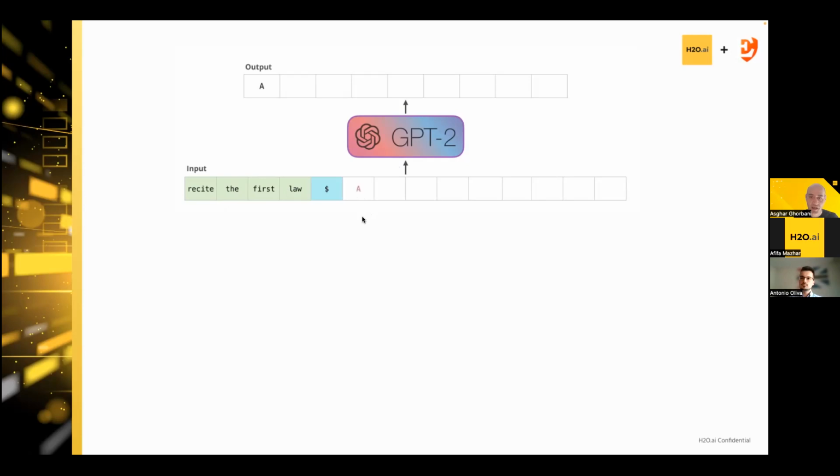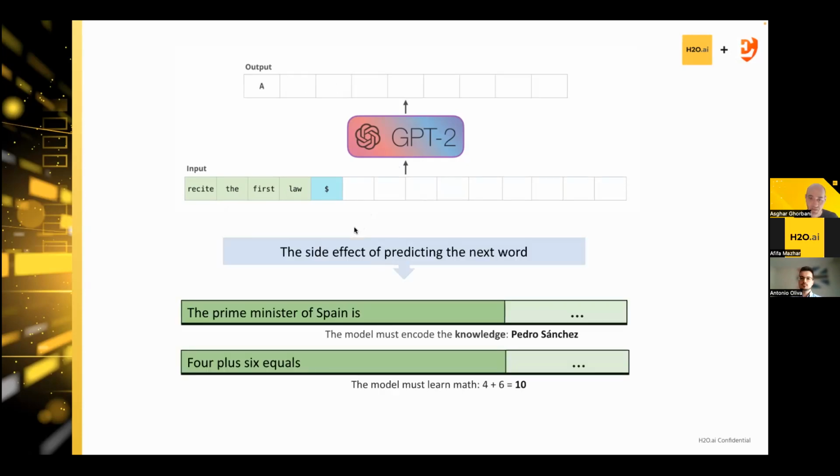Although it's a bit simplified and seems to be a very simple task, the consequence of this is the following. Imagine that we have this sentence: the Prime Minister of Spain is. If we expect the model to correctly predict the next word, like Pedro Sanchez, these models need to learn how to incorporate knowledge into this neural network.